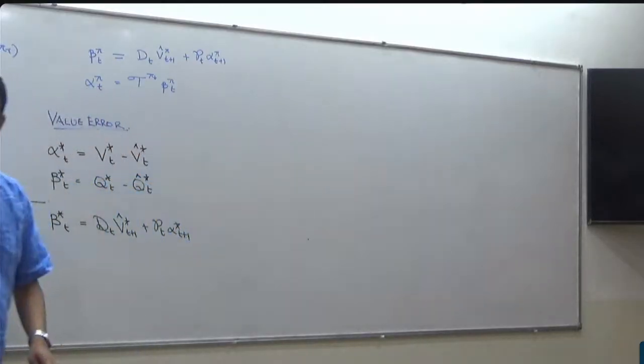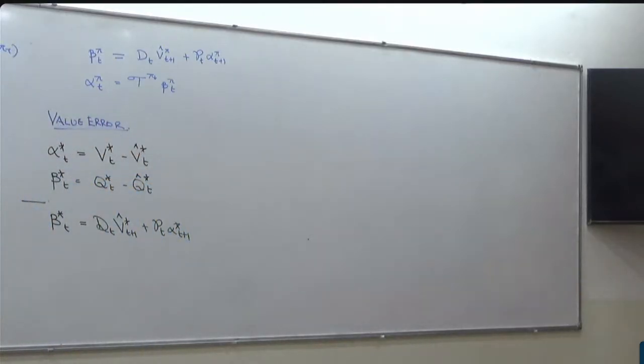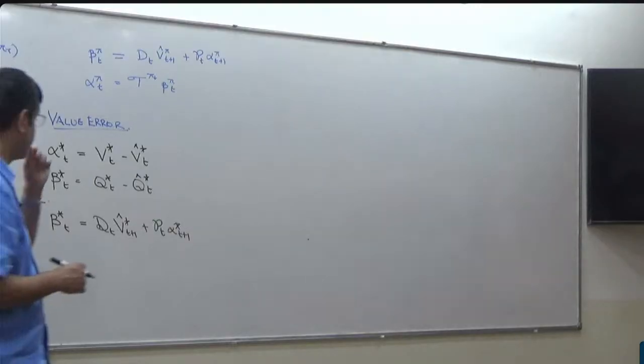So this part is easy from my one-step propagation error. The tricky part is getting an expression for alpha star t in terms of beta star t. I'll not be able to get this in an exact manner. I'll try to get a bound on this.